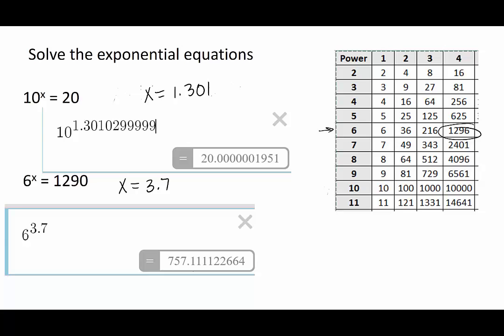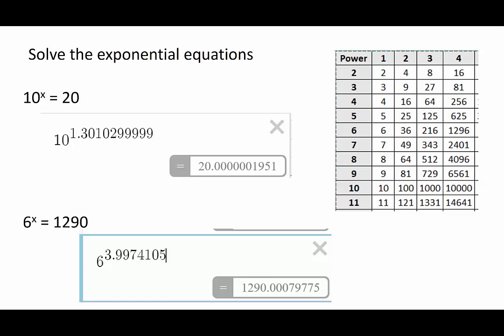So play around with this a little bit more on your calculator and find a number closer than 757. By playing around with numbers in Desmos, I was able to see that 6 to the exponent 3.9974105 got me really close to 1290.